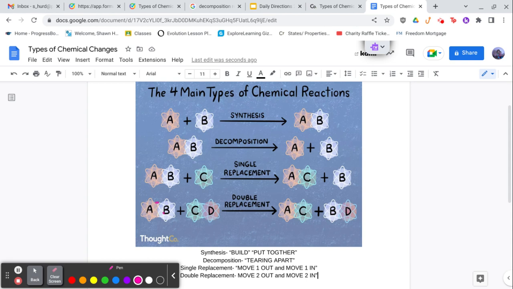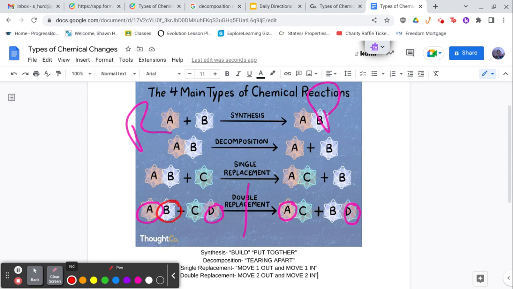The elements or compounds that have stayed stationary across the reactant side to the product side are going to be A and letter D. You'll see that they are in the same exact positions on both sides of this chemical formula. Which of the elements or compounds in this particular case have moved?